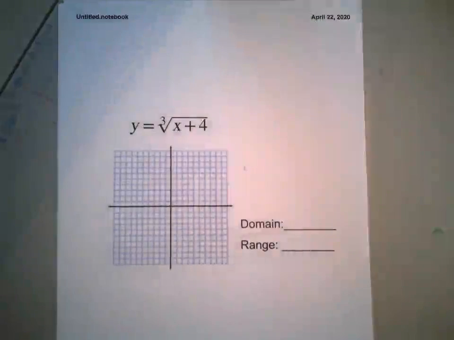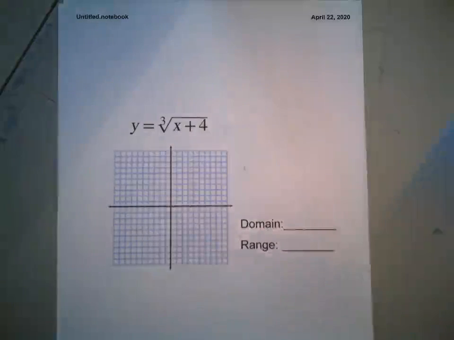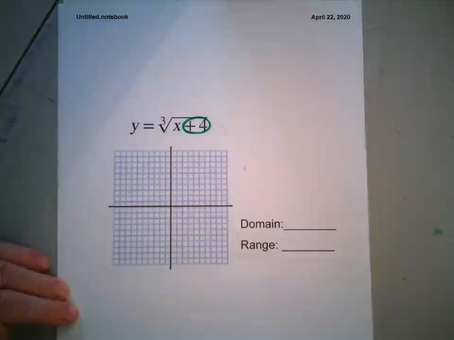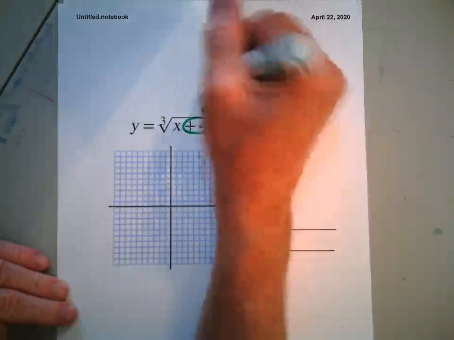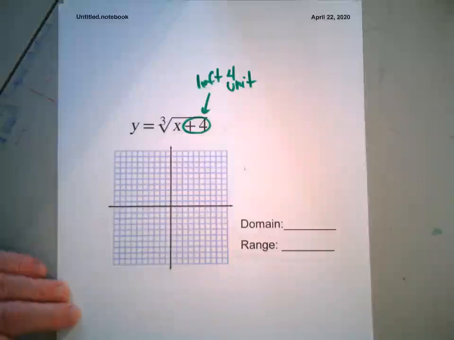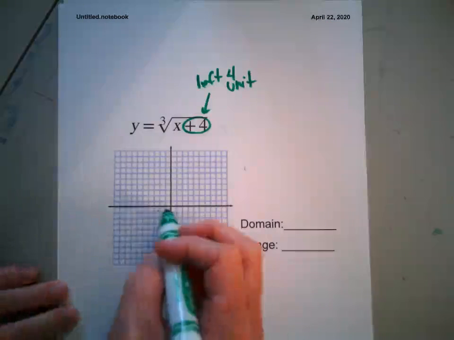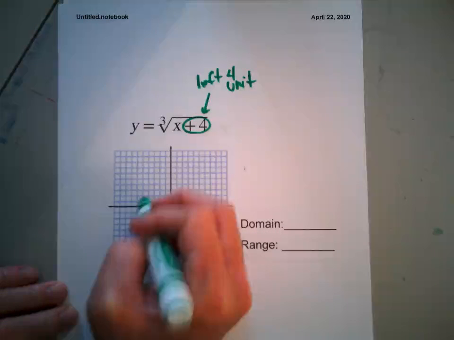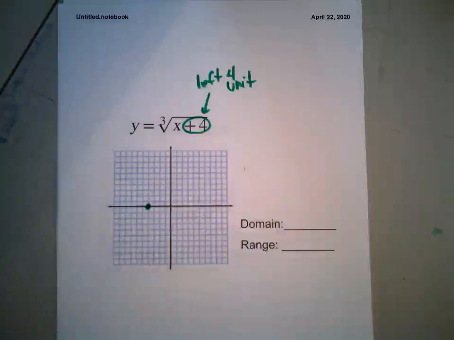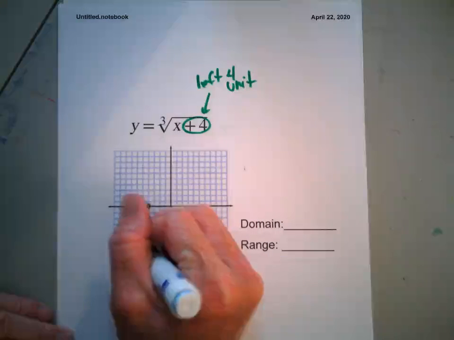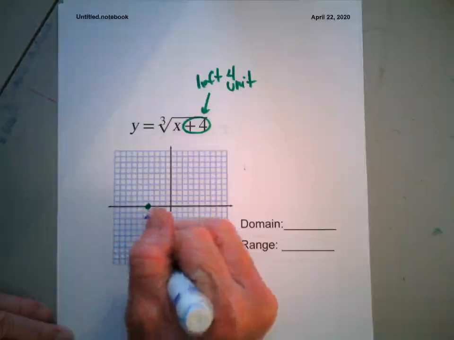So let's get into some actual cube roots, see how these go. So let's talk about the 4 in this problem. That 4 is a left 4 unit shift. So from the origin, move your point left 4 units, 1, 2, 3, 4. And as we did yesterday, I'll call this our new vertex.